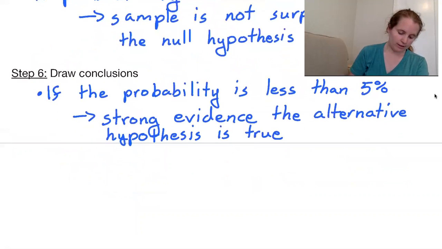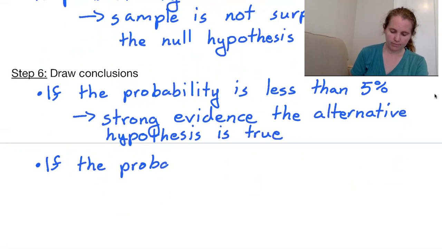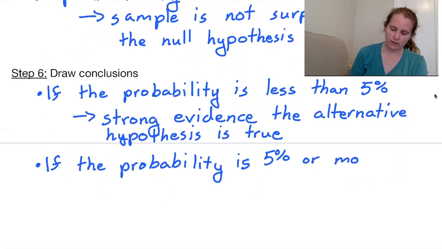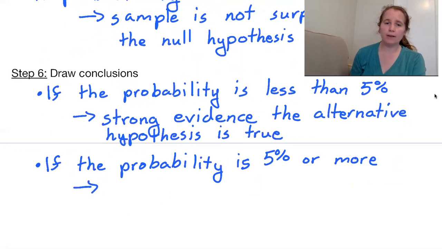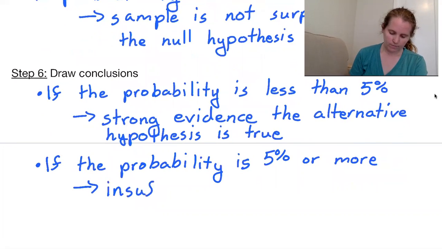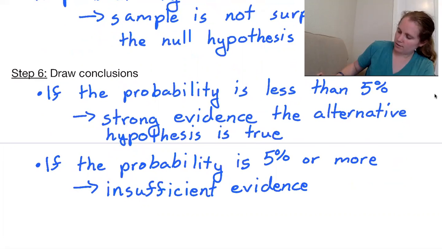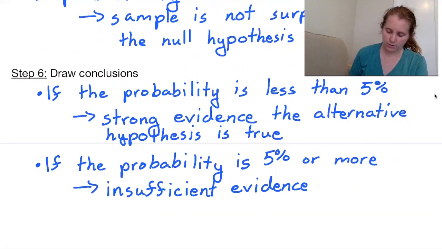If the probability is not less than 5%, so if the probability is 5% or more, then we do not have enough evidence to conclude the alternative hypothesis is true. So we have insufficient evidence to draw any conclusions.